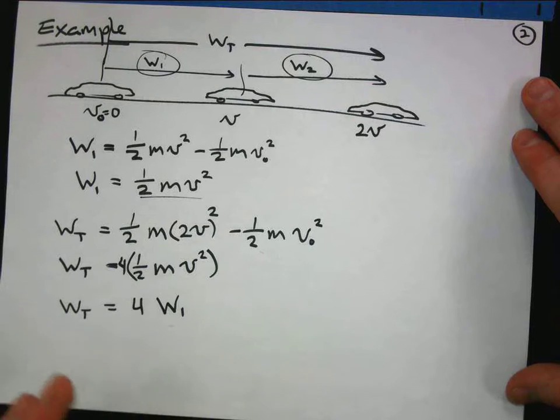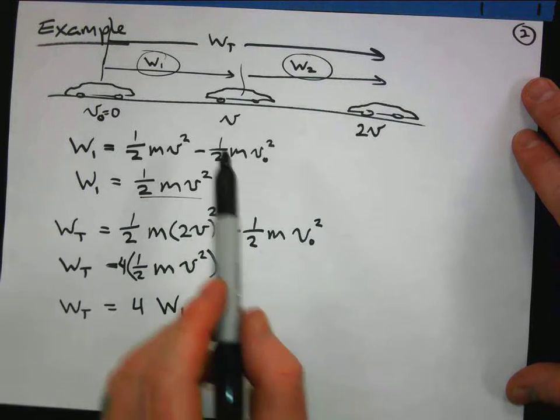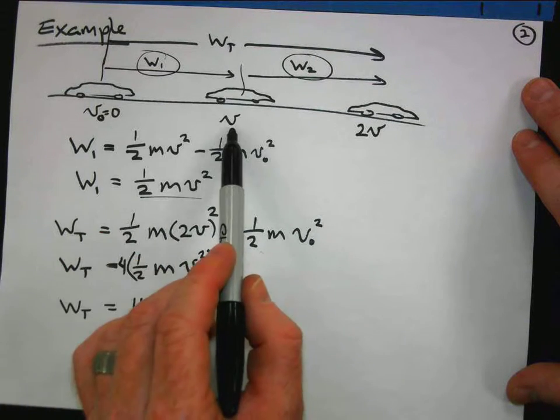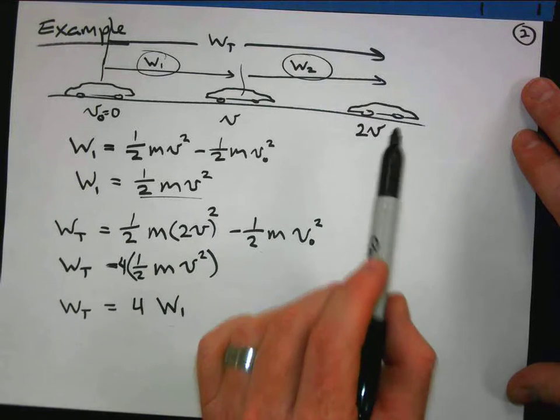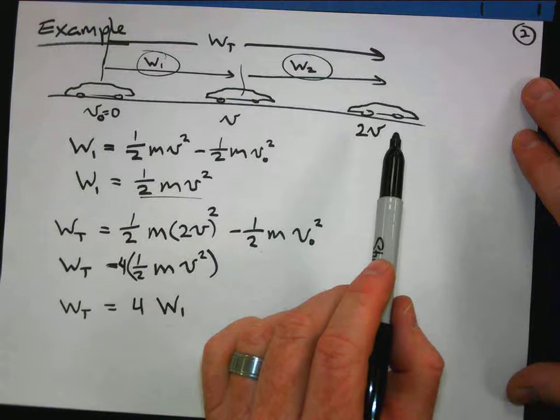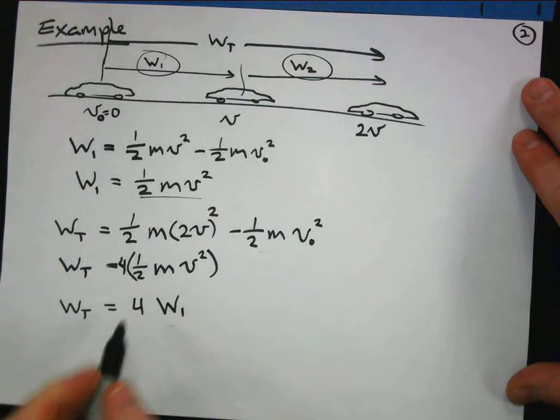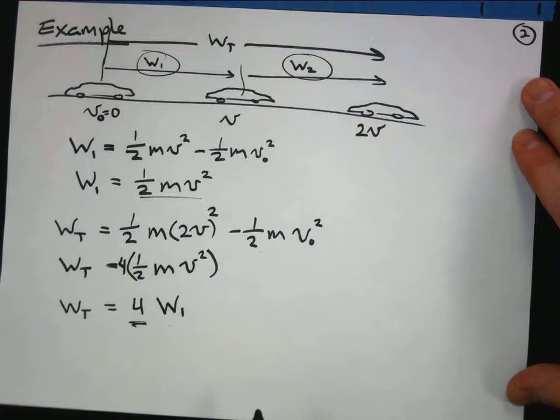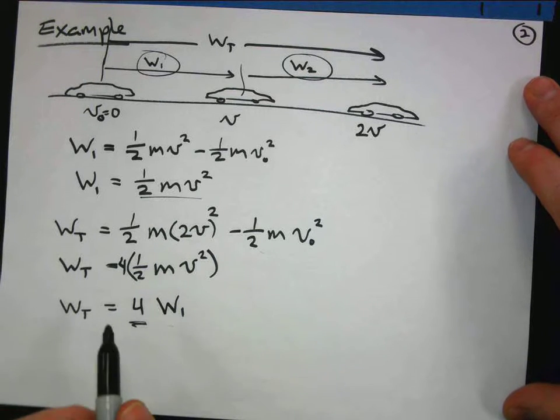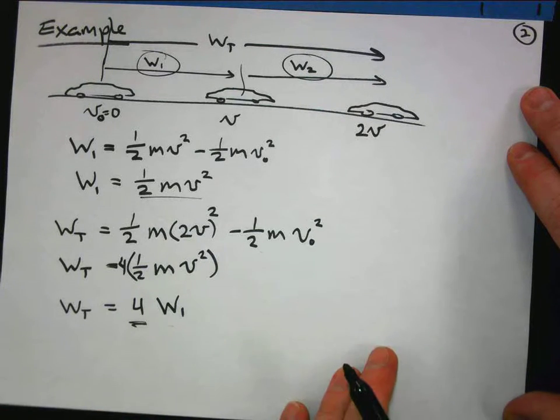They have the same units. The units are joules, right? So if I'm going to go from 0 to 2v, twice as fast, what I need to do is not twice the amount of work, but 4 times the amount of work. I need to achieve a change in kinetic energy 4 times as large to get the velocity to double. That's kind of an important deal.